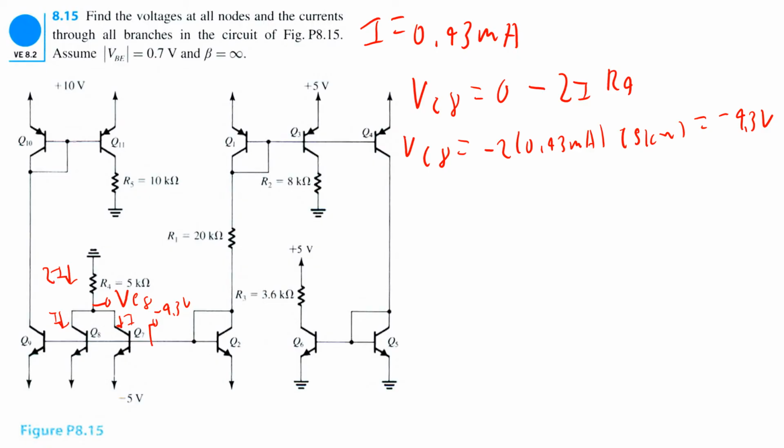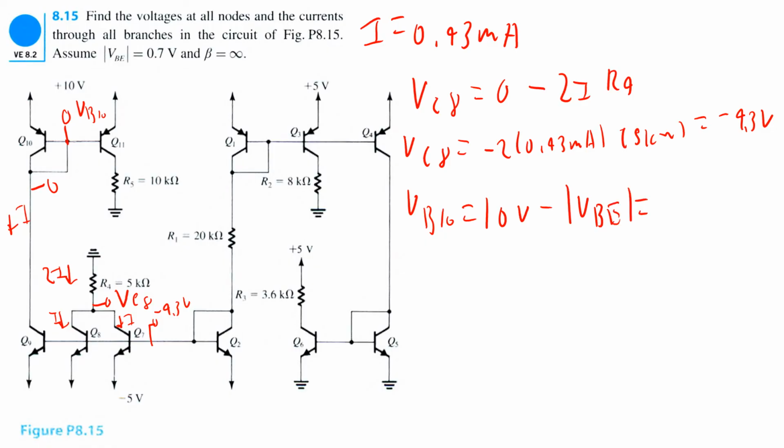So let's see. If we go to here, again, this current is still just I. What's the voltage here? So this is the base of Q10 and Q11. We can solve for this directly by just taking 10 volts and subtracting VBE.